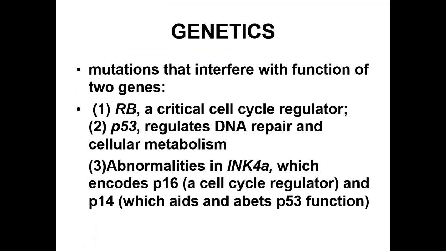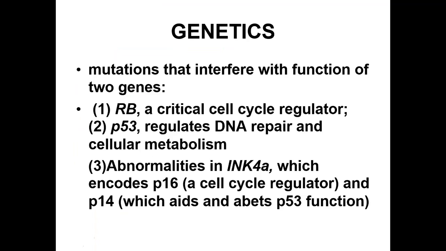So what are the genetic mutations? In osteosarcoma, the mutations that interfere with function of two tumor suppressor genes, that is the retinoblastoma gene, which is a critical cell cycle regulator, and the P53 gene, which regulates DNA repair and cell metabolism.